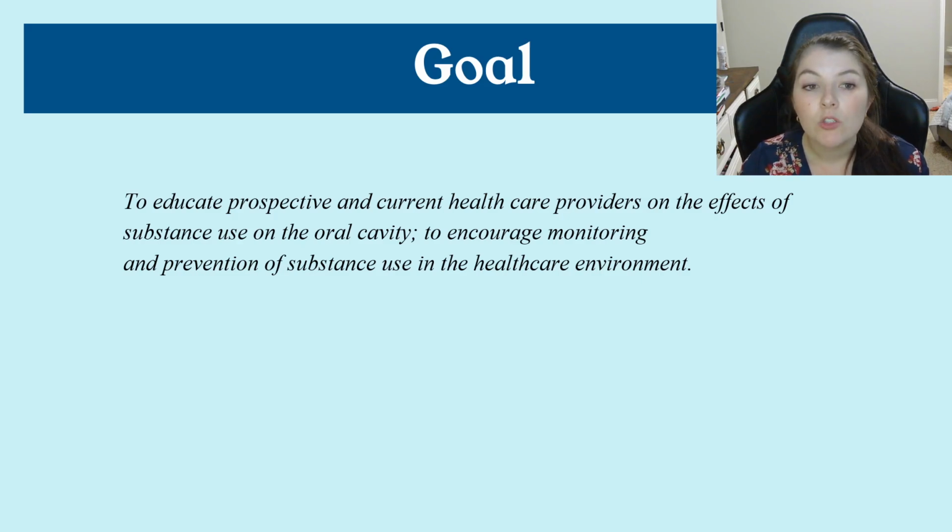Before we jump into the presentation today, I would like to have everyone participate in an introduction and an icebreaker or warm-up. When we think about oral health, we think about it being on a spectrum. On one end, we have perfect health with healthy gums and teeth. On the other, we have serious problems like tooth loss and gum disease.